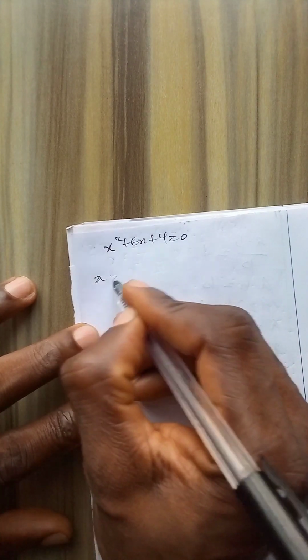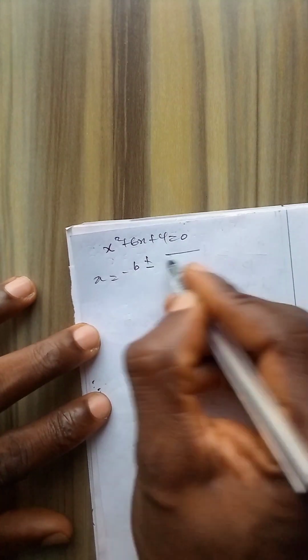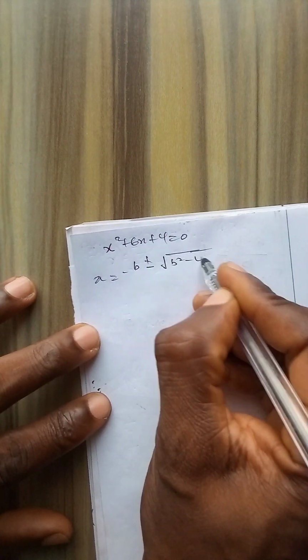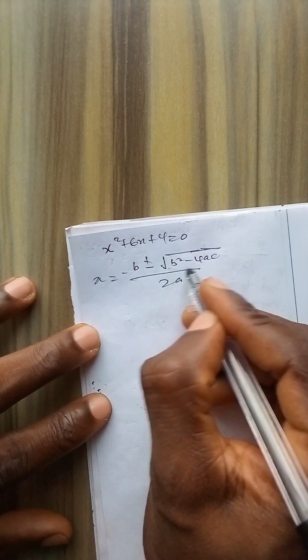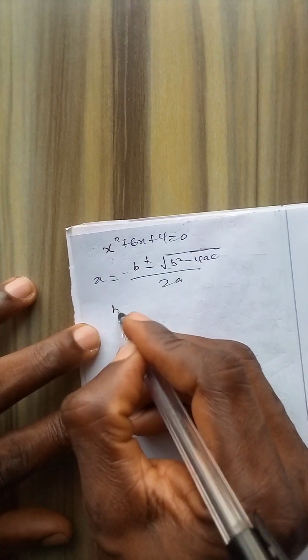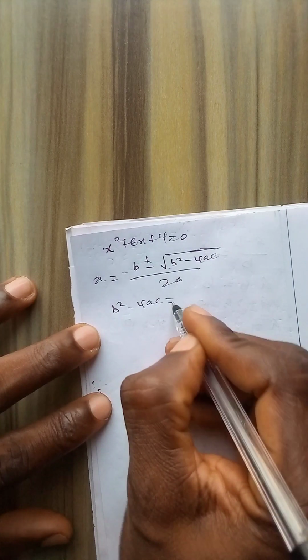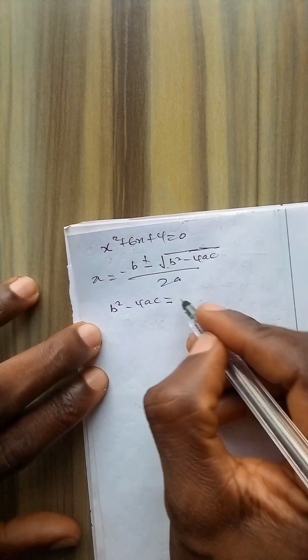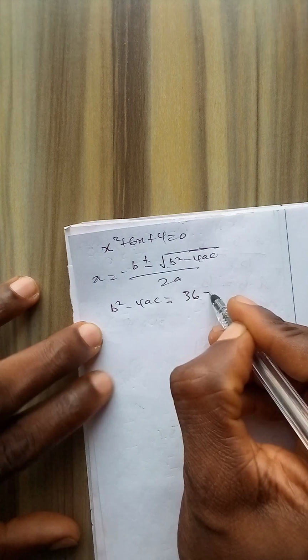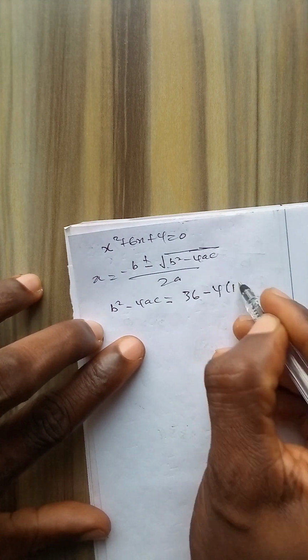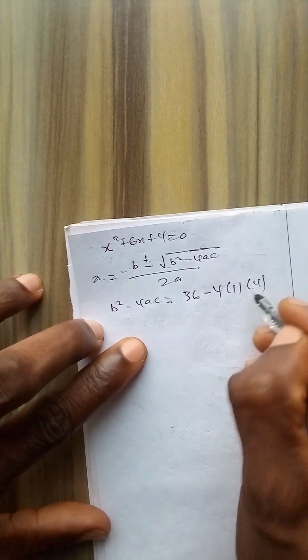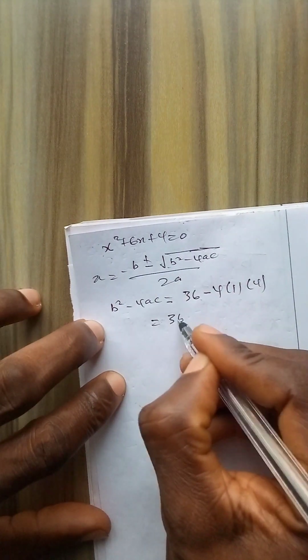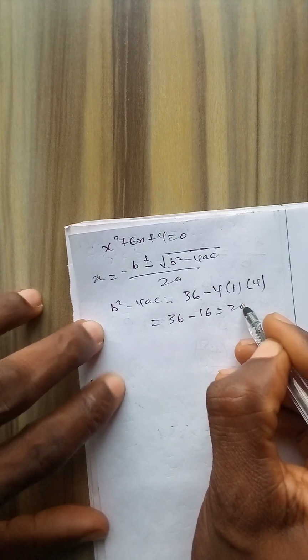The formula is x equals minus b plus or minus the square root of b squared minus 4ac, all over 2a. The discriminant is b squared minus 4ac. So b is 6, that is 36, minus 4 times a is 1 and c is 4.